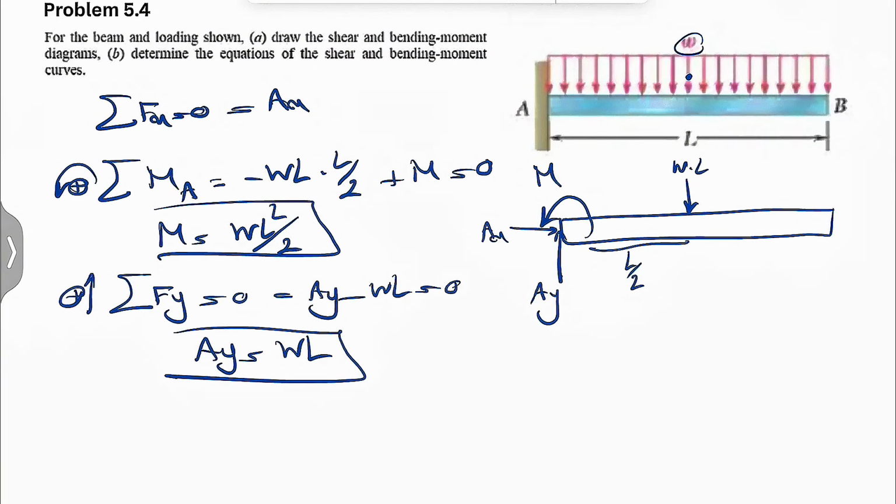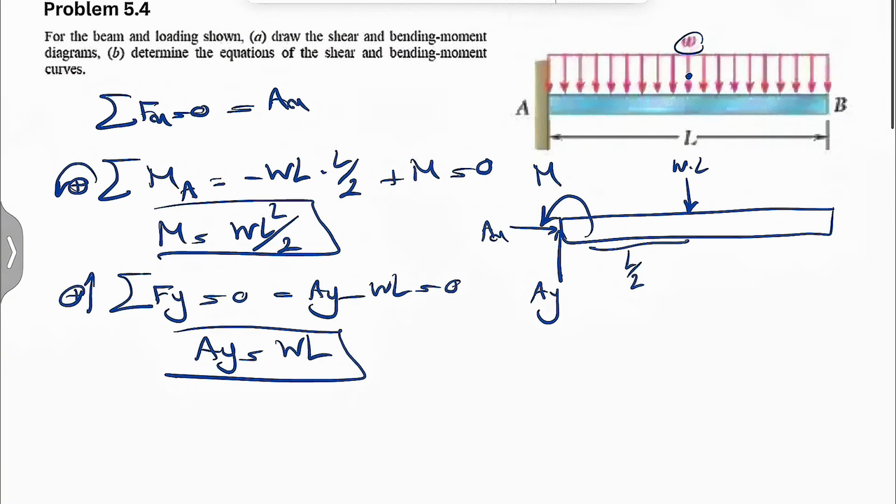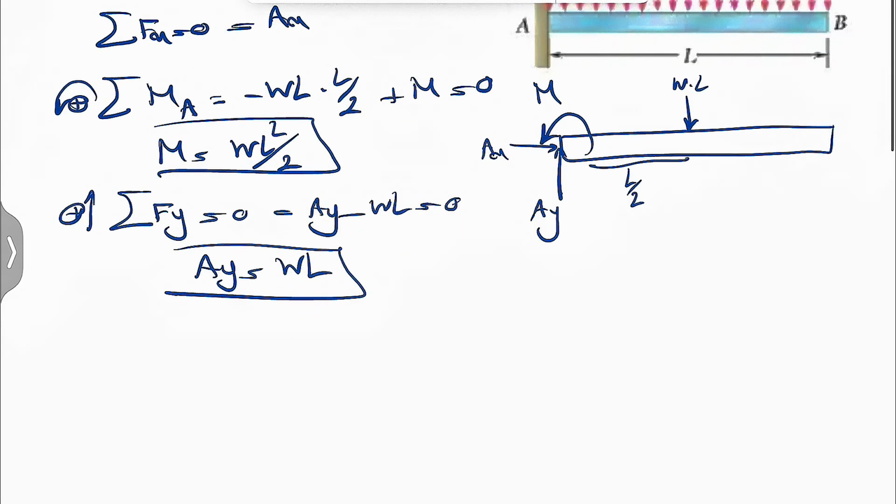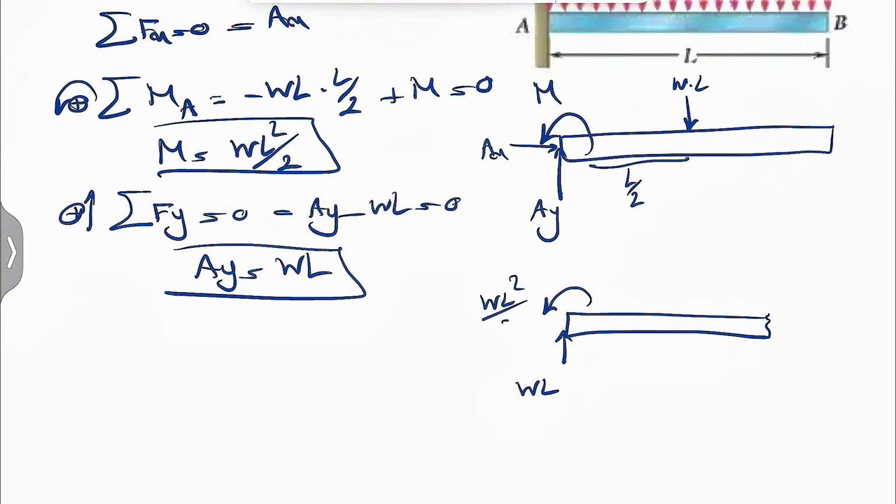Our next step would be to find the shear and then the bending moment. So our section is going to be something in here. We have AY, which we found is WL. We have the moment at the support, WL squared divided by 2, and these are the positive directions for our shear force and the bending moment.